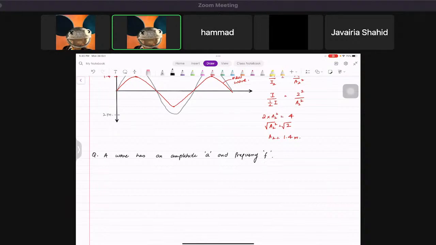It says a new wave with double the frequency and quarter the amplitude is generated. So it says calculate the new intensity in terms of I. All right.